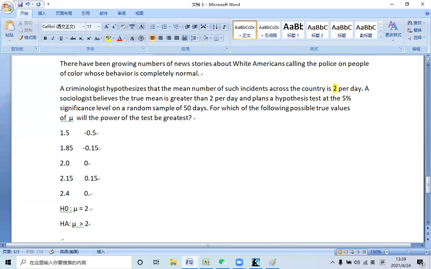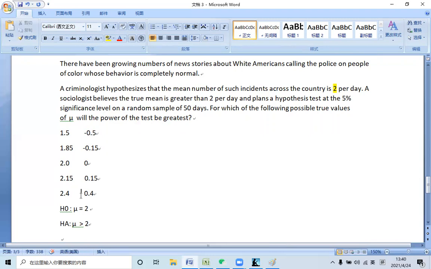2.4 minus 2, that's 0.4. You look for the greatest difference, the largest difference. The power seems to be the largest for this one, 0.5.